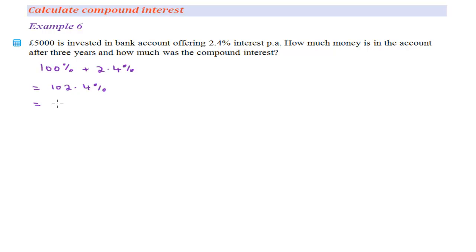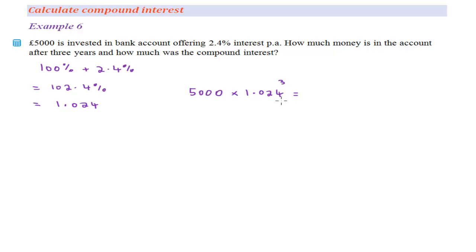So 102.4% here, if you write that as a decimal, we've got 1.024, and that's what we're going to use in our calculation here. Initial amount of £5,000, multiplying that by 1.024, that will add 2.4% onto 5,000, but we want this to happen over 3 years.